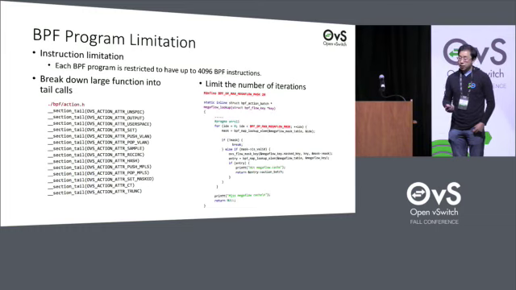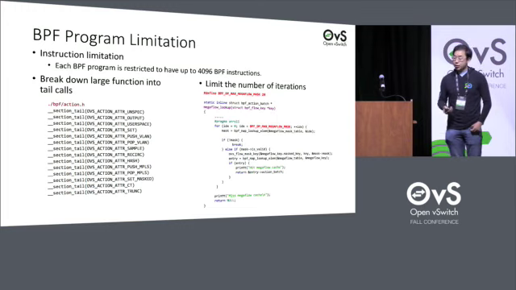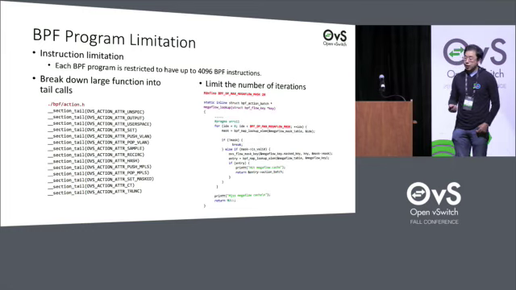Another issue caused by the instruction limitation is that we have to limit the number of iterations. For example, in this function called megaflow lookup, we need to iterate through the megaflows in a loop.